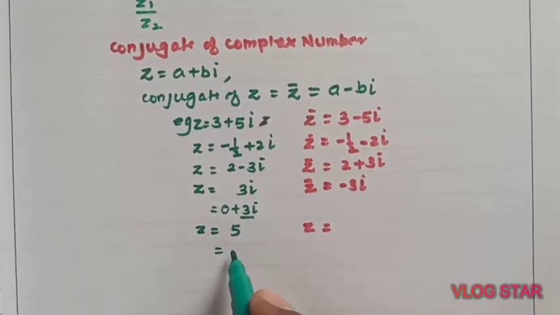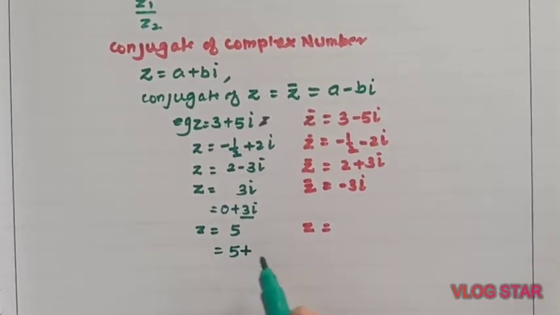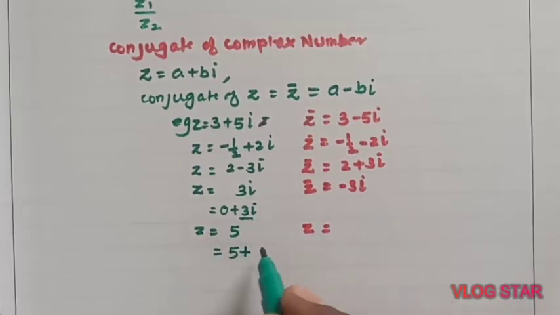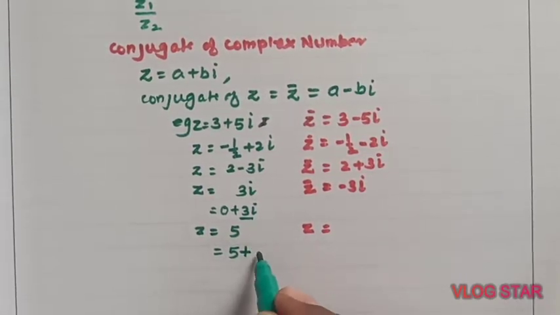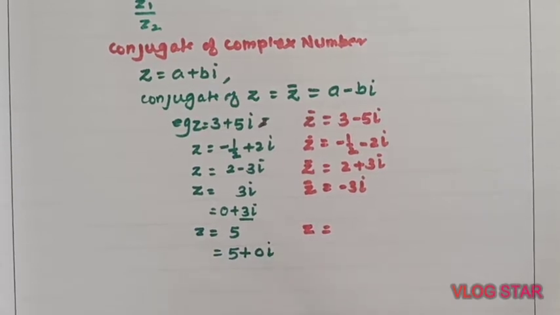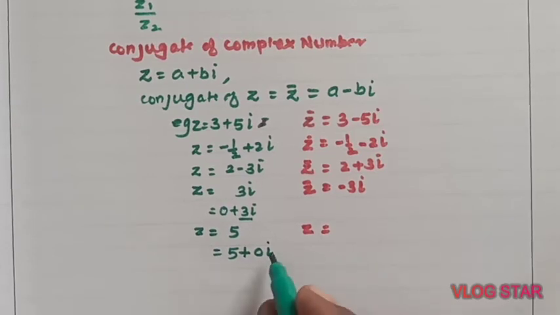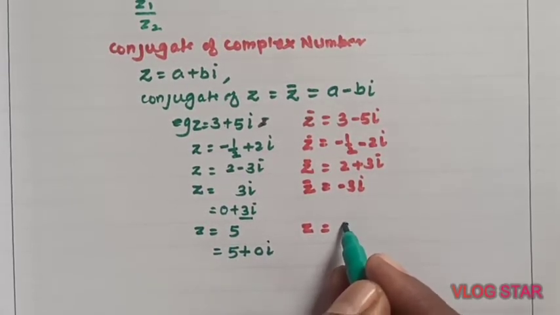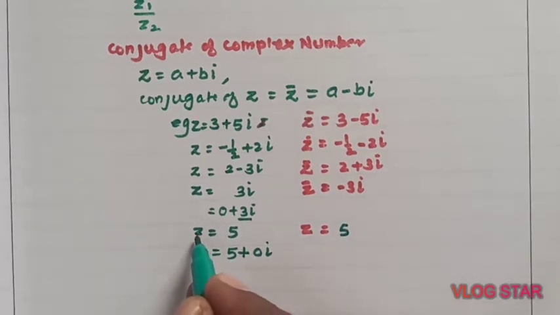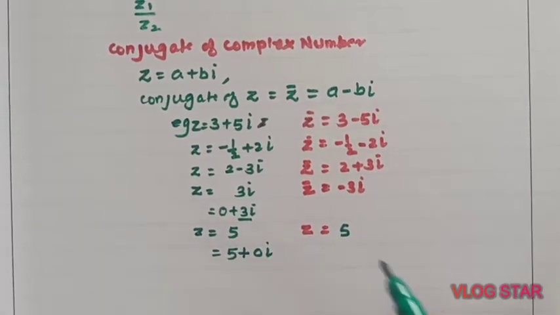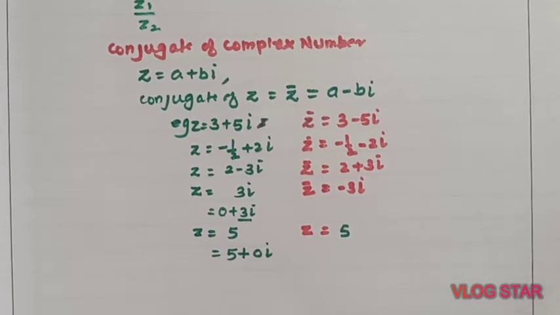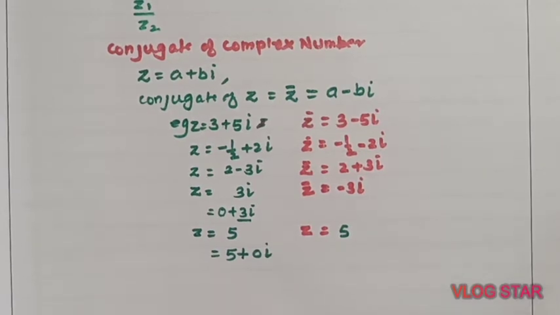First of all, write this in the form of a complex number. The imaginary part is 0, so 0i. If you change the sign of the imaginary part, there is no change in the answer. So z is 5. So what is the conjugate of a real number? The real number itself.